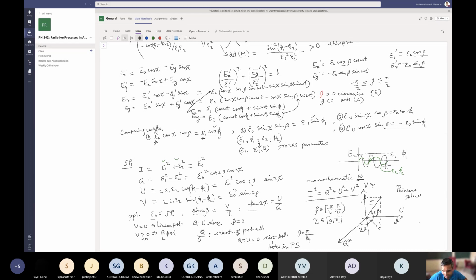From the normalization condition, we know that Q square plus U square plus V square equals I square. So I is like your radial coordinate in spherical coordinates.